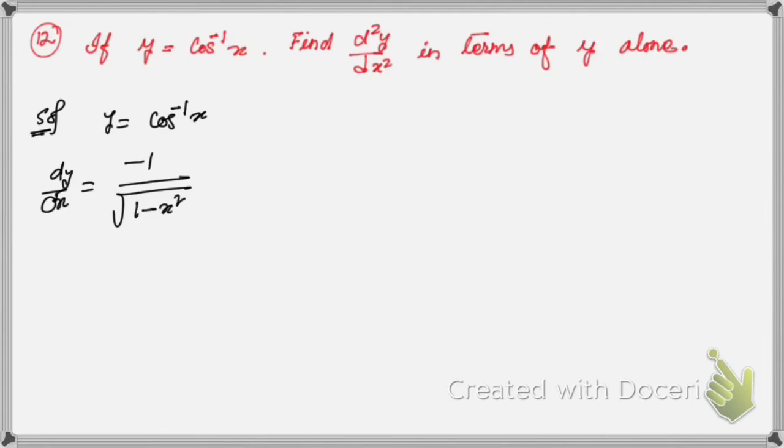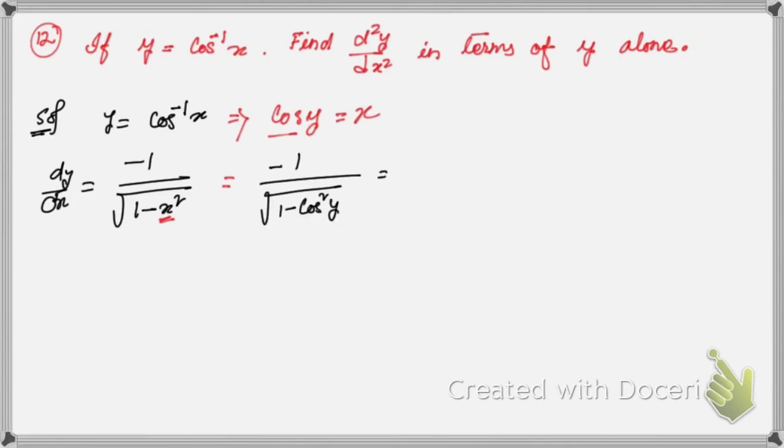As we need to find the second order derivative in terms of y, from the given function you can write, if y is equal to cos inverse x, then cos y is equal to x. So replace x by cos y, and root over 1 minus cos square y is sin y, so that's why minus 1 by sin y. 1 by sin y is cosec y, so minus cosec y.